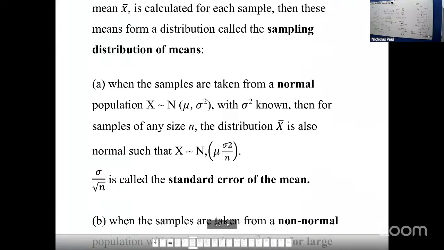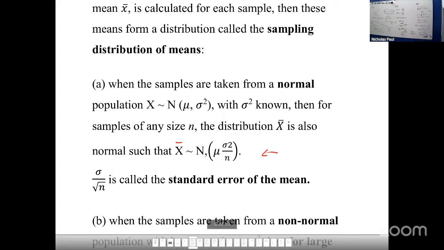If you have a normal distribution where X is normal with mu and sigma squared, then the sample distribution of mean is, I made a little mistake there. What's it supposed to be? X bar.